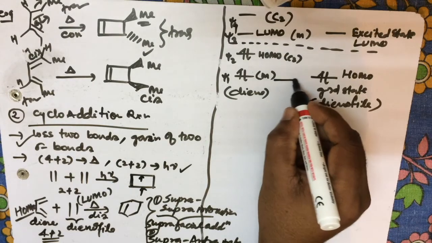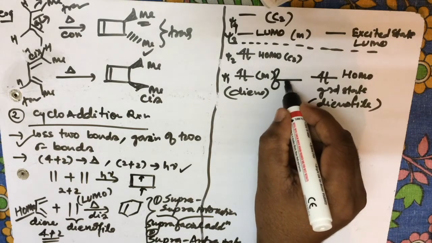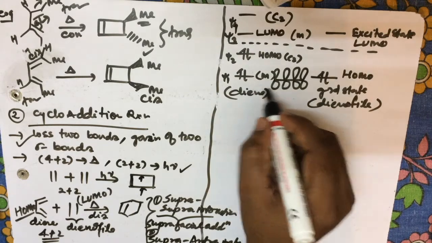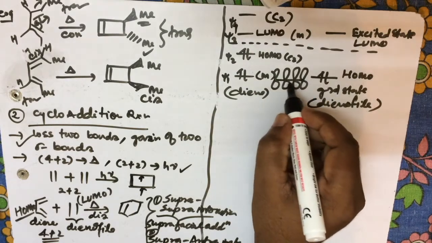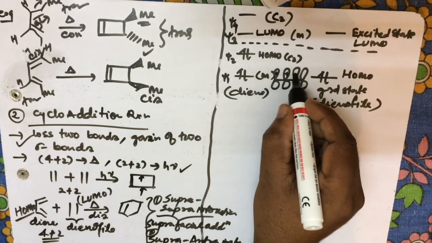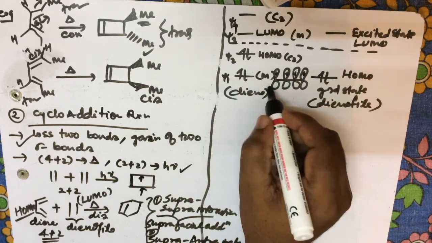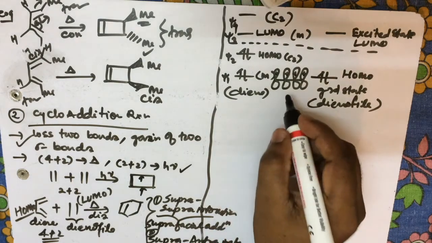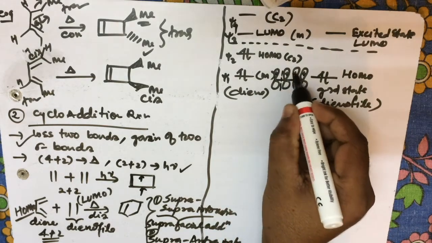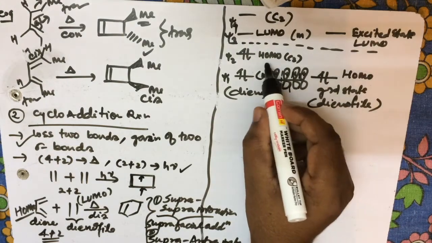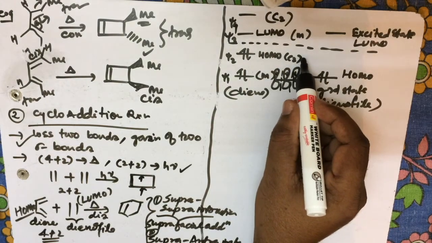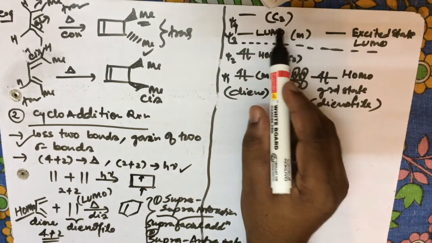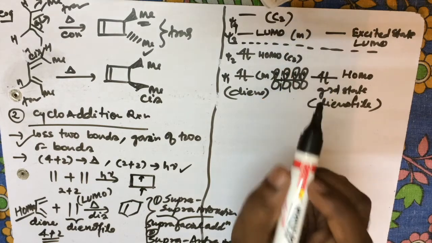Okay, so like this. For psi 1 there are 0 nodes, so all are positive above, so this will be the M because each 2 orbitals are mirror images of each other. Okay, and for psi 2 there will be 1 node, for psi 3 there become 2 nodes, and like that psi 4 has 3 nodes.